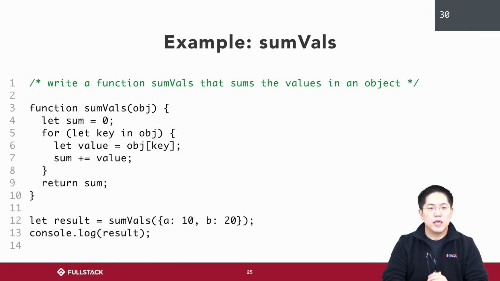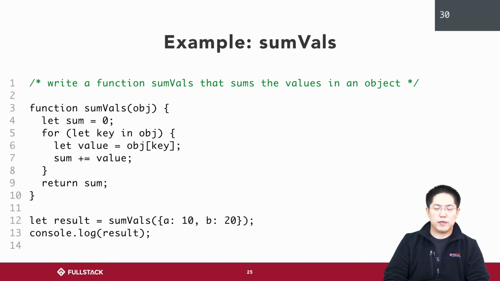The for loop says the first key is A, we get value 10, add 10 to 0 to get 10, and we go through again, the key is B, the value is 20, and then add 20 to the sum to get 30.